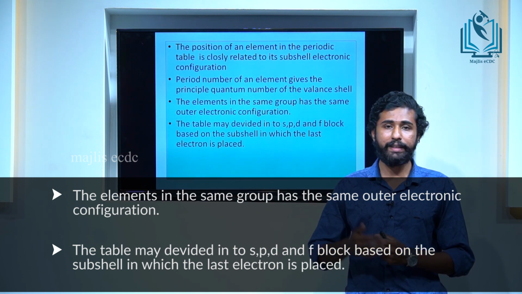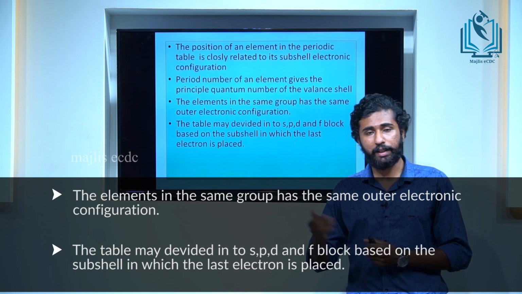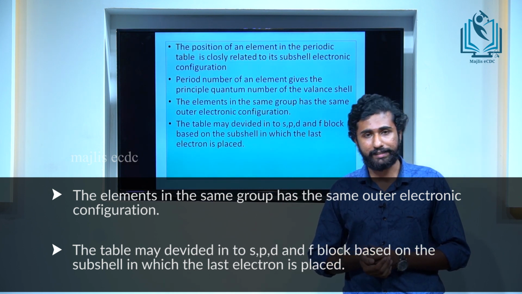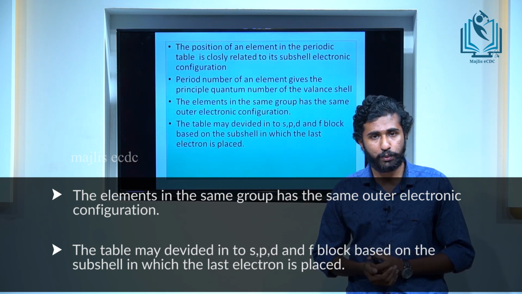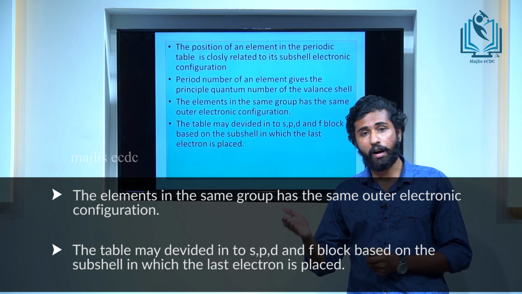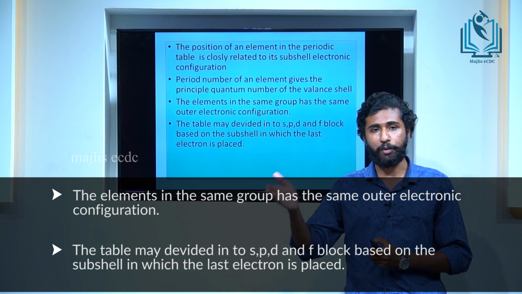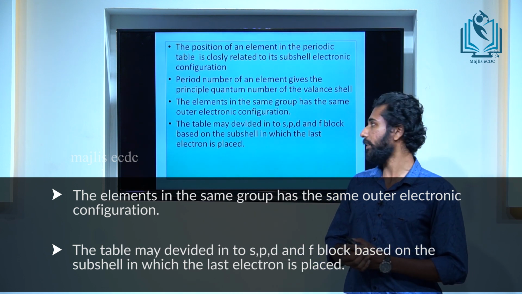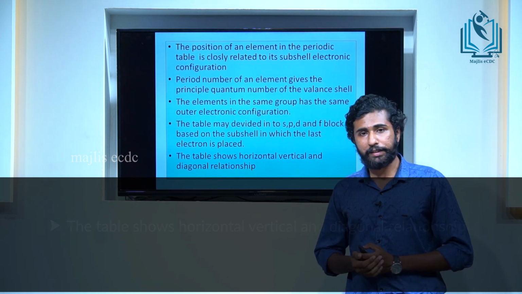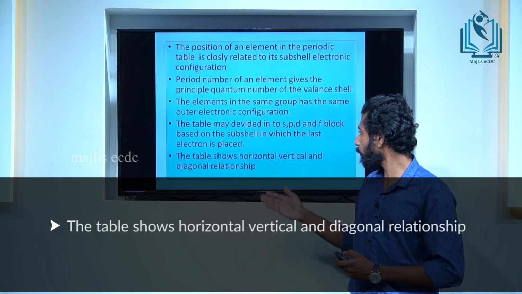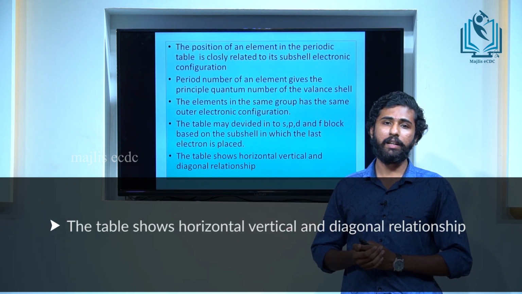For example, in the case of lithium, the last electron is filled in the s subshell, so lithium belongs to the s block. In the case of carbon, the last electron is filled in the p subshell, and carbon belongs to the p block, like that. And the table shows horizontal, vertical and diagonal relationships.